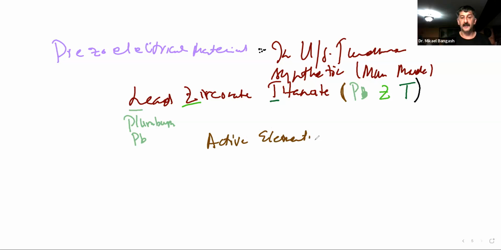So whenever you see the word active element, the main thing that you should think of is that that's going to be the piezoelectrical material of your transducer. They may also call it the ceramic element.